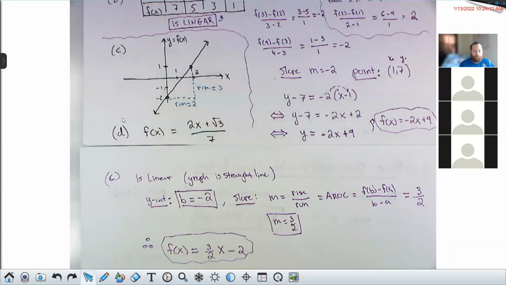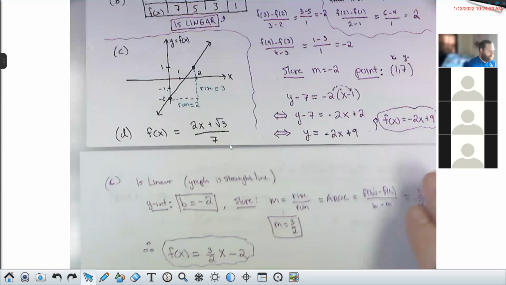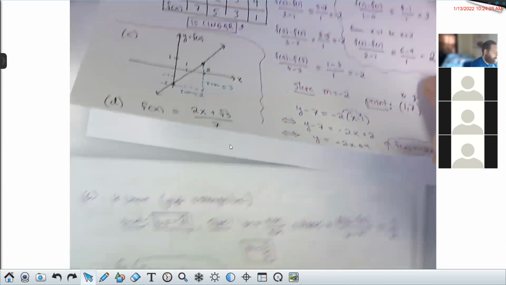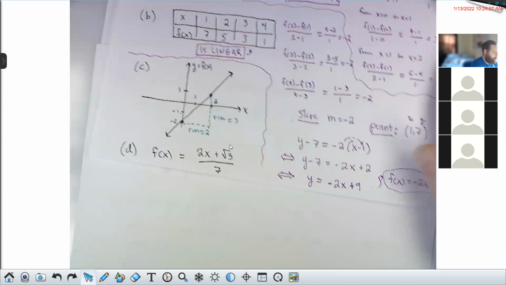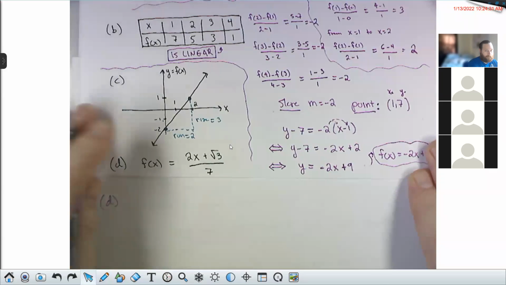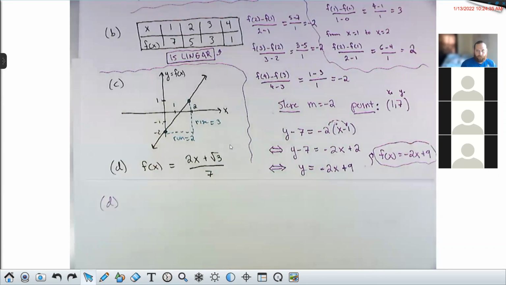What about part D here? Linear or nonlinear? Which definition should we use?